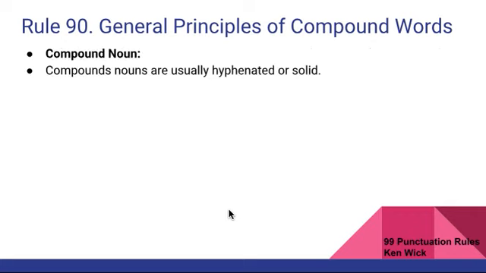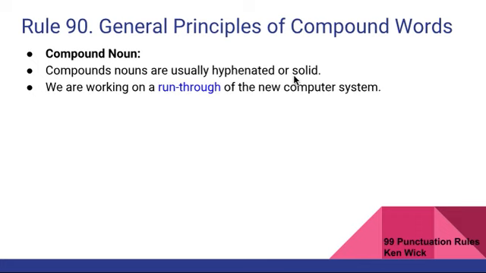So, some compound noun examples. Compound nouns are usually hyphenated or solid. Remember, if you can't determine it from a dictionary or similar entries, hyphenate. We are working on a run-through of the new computer system.